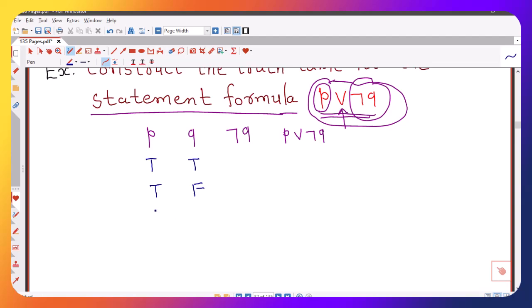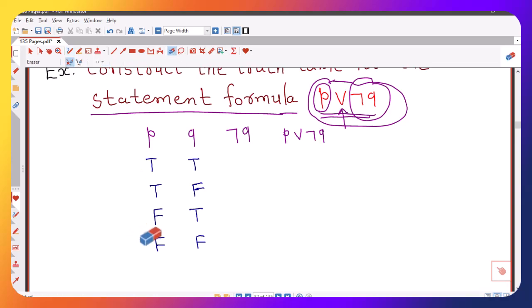Another possibility is P is false and Q is true, and last is P and Q both are false. And we will make this convention that we will always write in this way. Otherwise we can write this last row as first, second or third row.